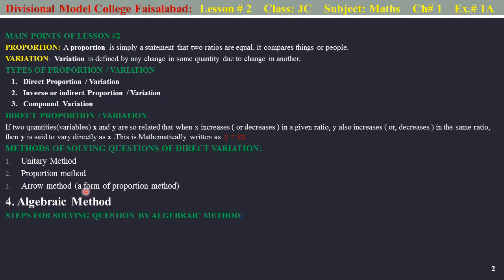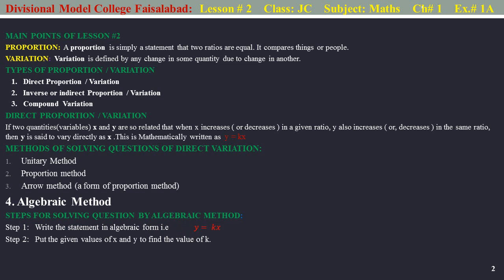Then we discussed the steps for solving questions by the algebraic method. There were 4 steps. We write the statement in algebraic form. We put the values of x and y in this relation to find the value of k. Then we use this value of k in equation number 1.